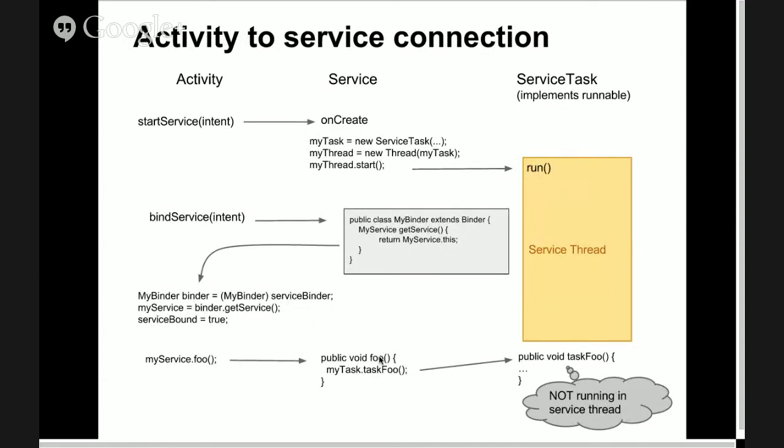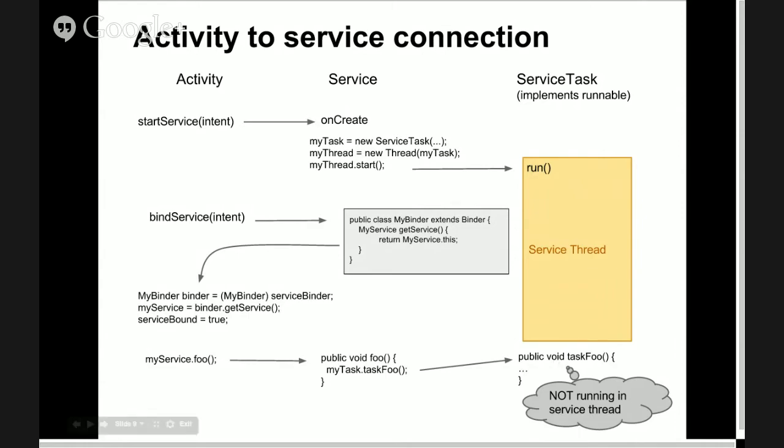Now, there is still one problem: if I call foo on the service, I haven't called foo on the thread that actually runs. Okay? And so what I need to do is say my task foo. And this calls this object.